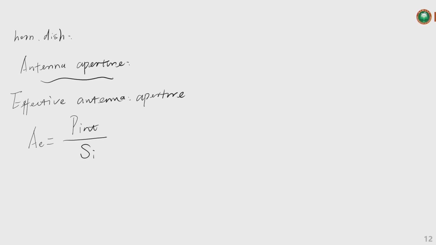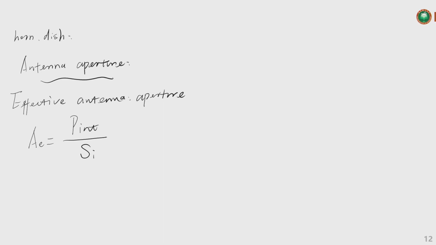So for this part, what does it include? It includes the receive antenna's aperture, the physical aperture also, and the receiving cross section together.